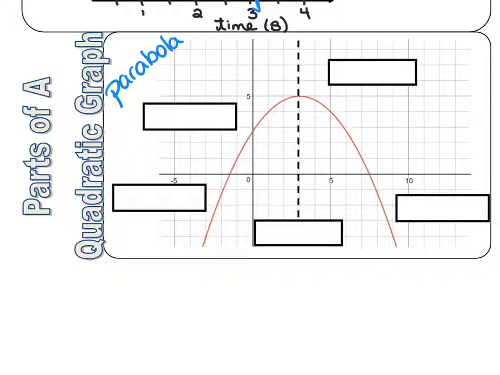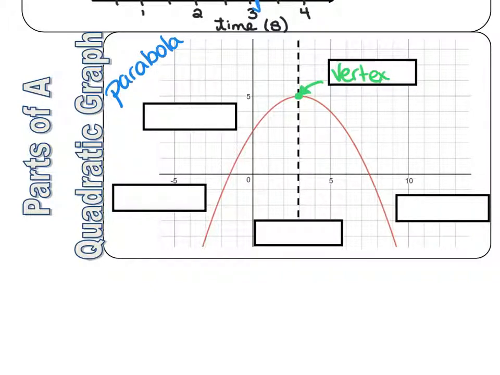A couple of the terms that we're going to make reference to. The first one is the vertex. Now the vertex is your maximum or minimum point of the actual parabola, and it occurs right here at this point.